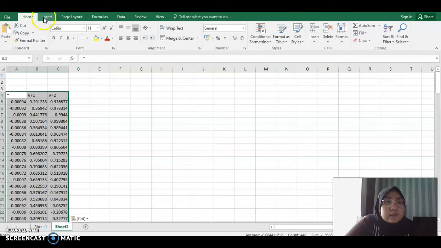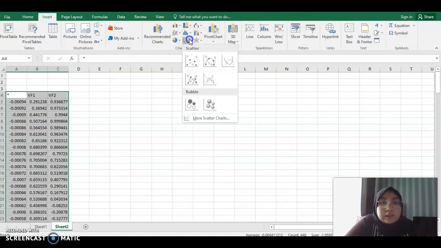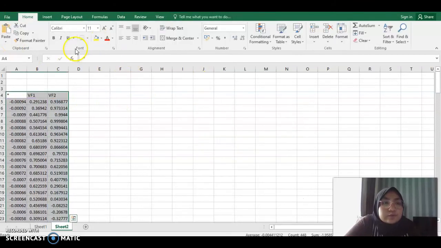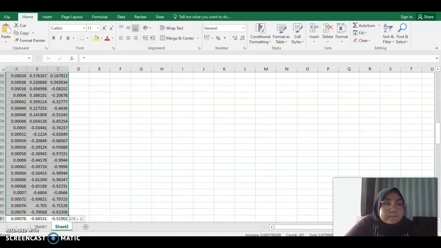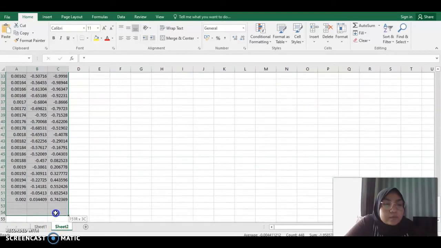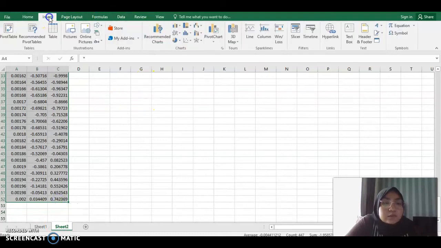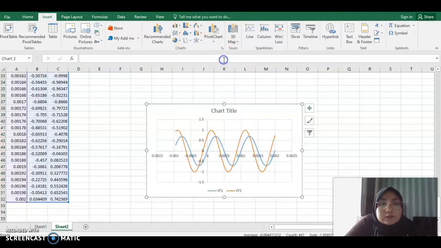Alright, and with all the data, I will make a graph. Now we have to redo. Set data.